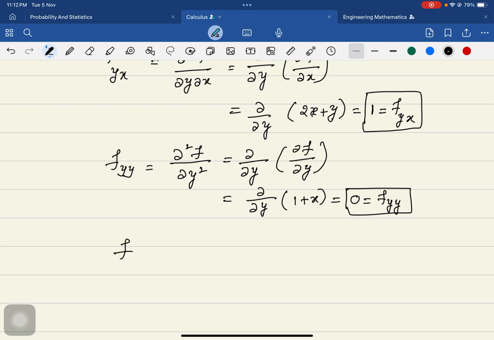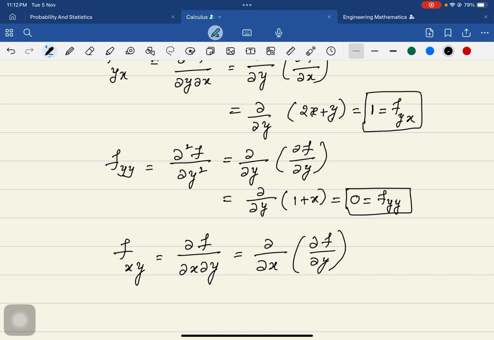Now let us find out fxy. That is given by dou square f by dou x dou y, which is dou x of dou f by dou y. Now that is dou x of 1 plus x.